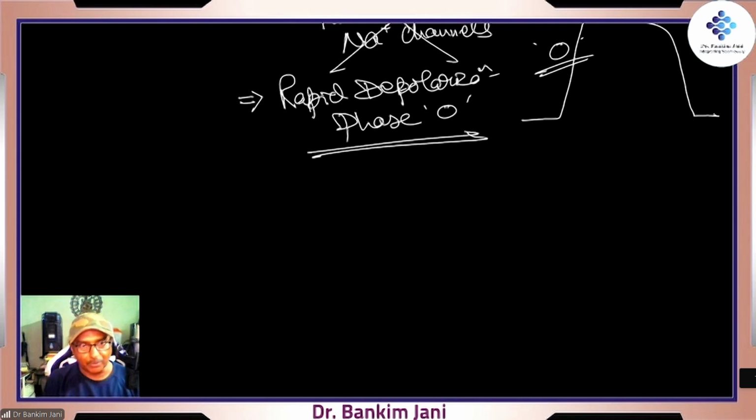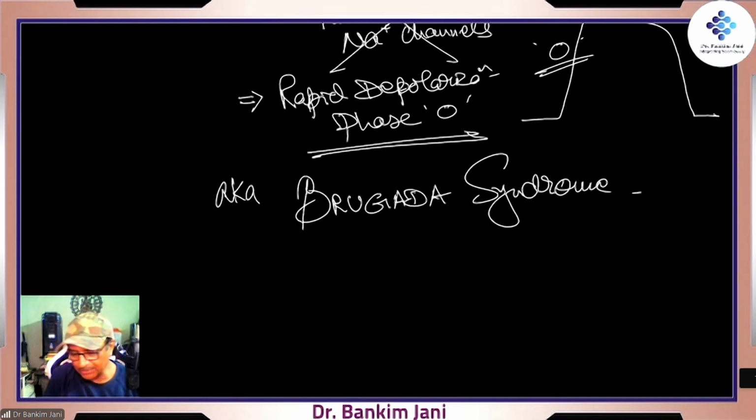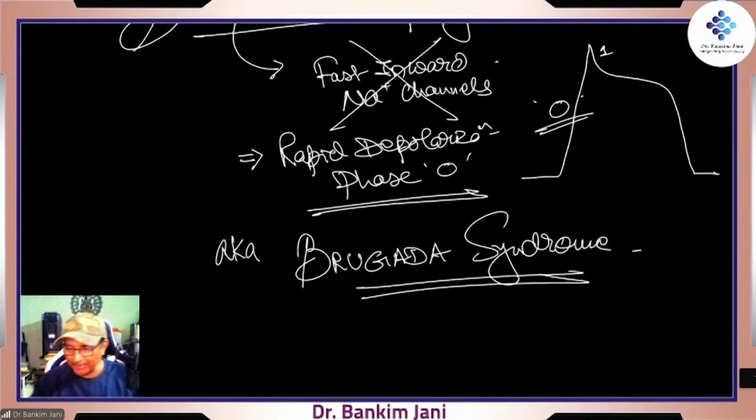Now, just to impress, in the exam you may be asked what happens in Brugada syndrome. Nothing much. Brugada syndrome: in Brugada syndrome, fast sodium channels are affected. When fast sodium channels are affected, obviously that spike is affected.